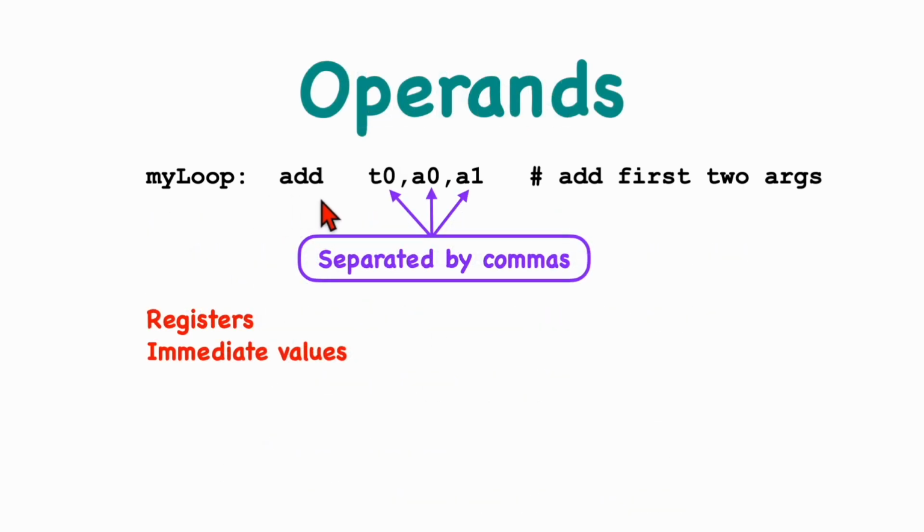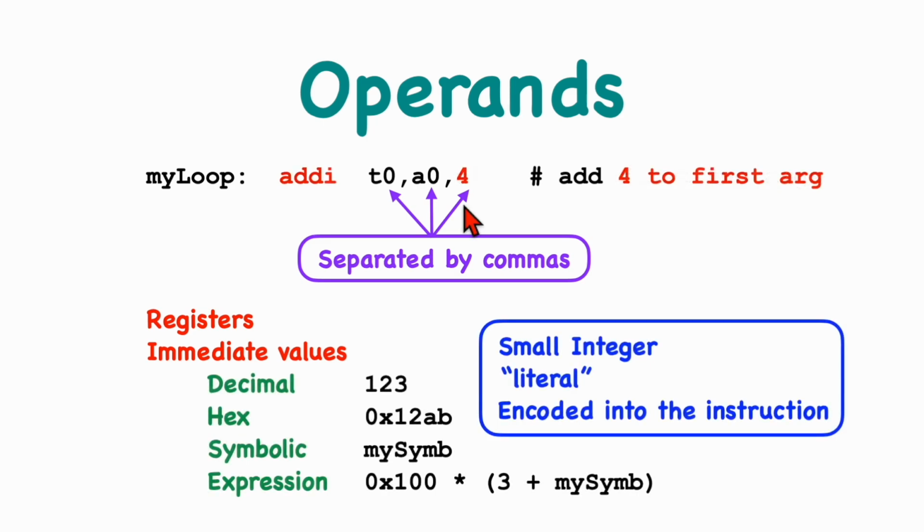After the opcode, we have 0 or more operands, and if we have more than one, they would be separated by commas. These operands can be either registers, as we see in this example, or they can be immediate values. Now, in the case of the add immediate instruction, the third operand is an immediate value, which will be a small integer.